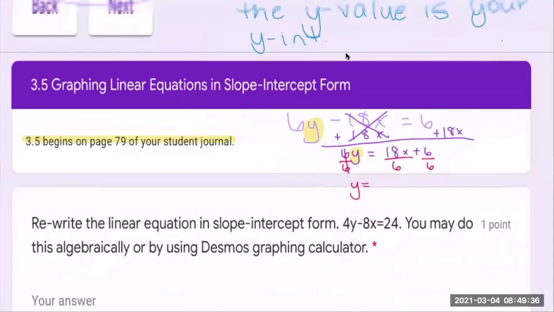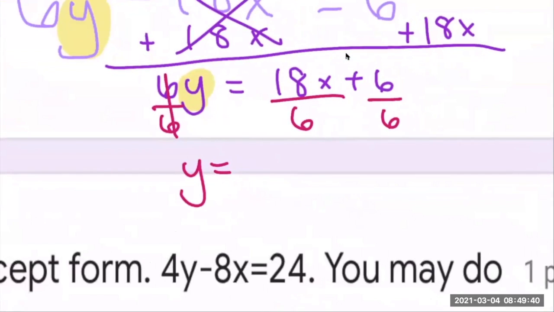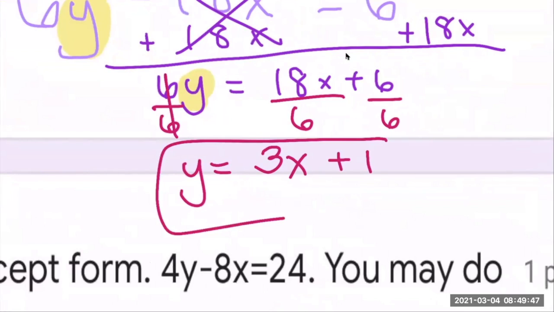I'm going to take 18 divided by 6, which is 3, and my x just gets to hang out, and then 6 divided by 6 is 1. And so that would be my answer. That is obviously not the answer for this question right here, but it is the same process. You're going to start by adding this one, then you're going to divide, and then you have your answer.